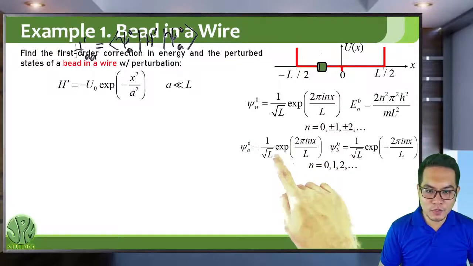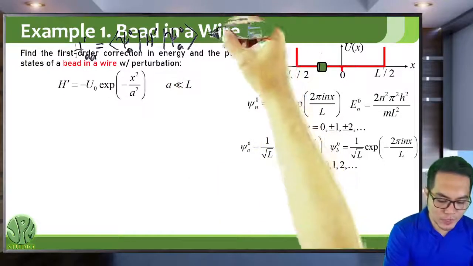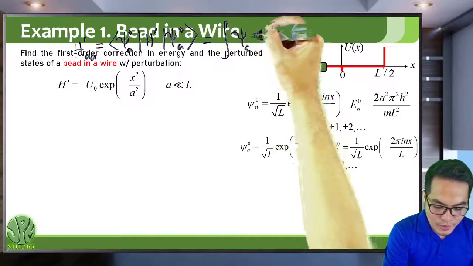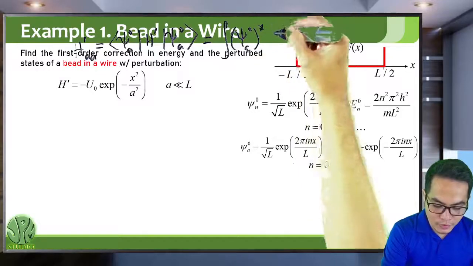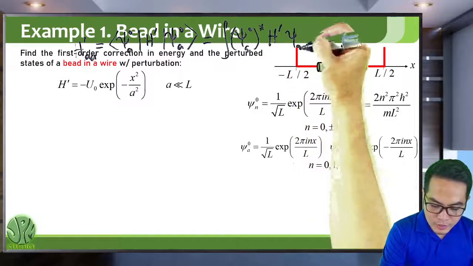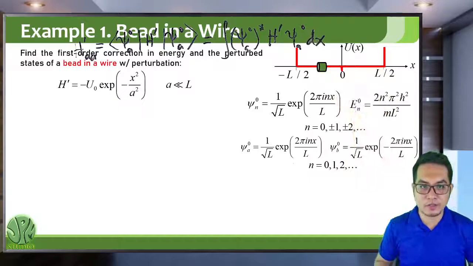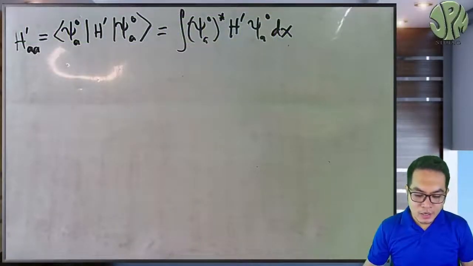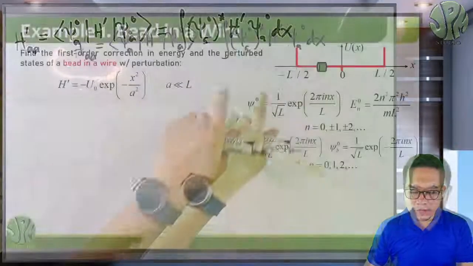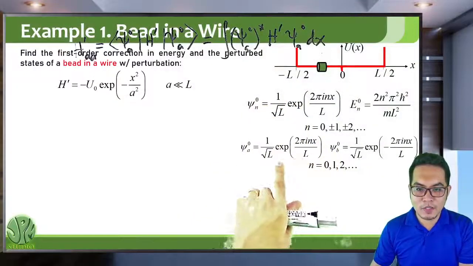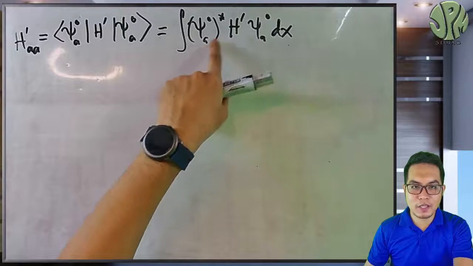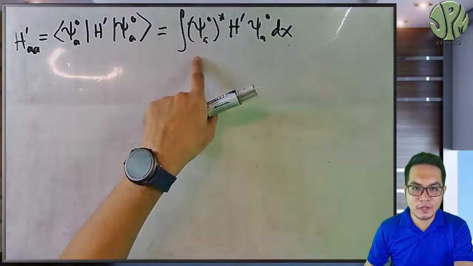So if you use this, we convert this into an integral. Again, this is the integral of psi A 0 conjugate H prime psi A 0 dx. Okay, our psi A 0 has a factor of 1 over square root of L. So there are two psi A 0 here.